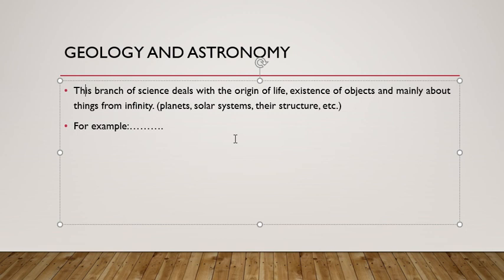So this branch of science deals with planets, not only with living beings and their physical appearance and bonding, but with the whole thing that exists in space too, like planets, solar system, their structure. Geology and astronomy deals with space and infinity.